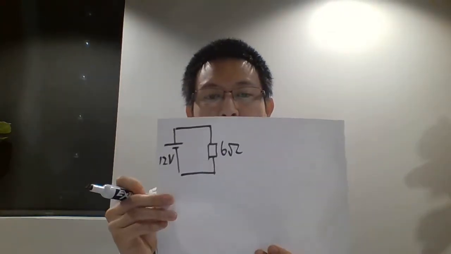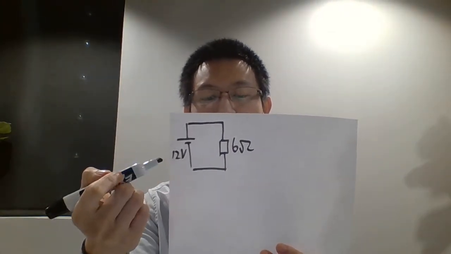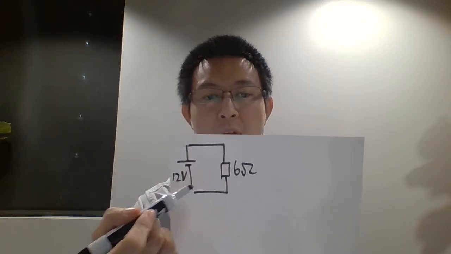Here, I have a small circuit in which the voltage source has 12 volts and the resistor has 6 ohms.